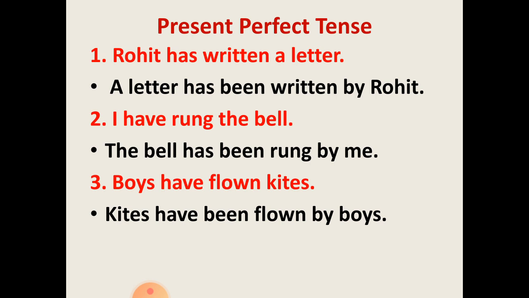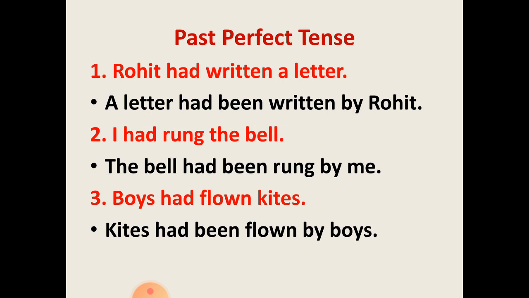Now let's see sentences in past perfect tense. Rohit had written a letter. Again, subject will become object and object will become subject. A letter had been written by Rohit. Then second, I had rung the bell. Again, object will become subject and subject will become object.